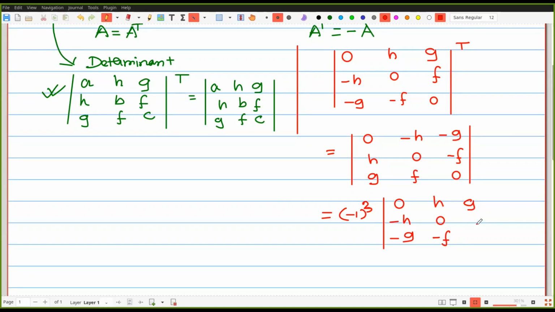So G, F, 0. Now look, both are the same, because that one is becoming minus the determinant 0, H, G, minus H, 0, F, minus G, minus F, 0. So that's why it is also called skew symmetric. That means after transpose, we get minus A.